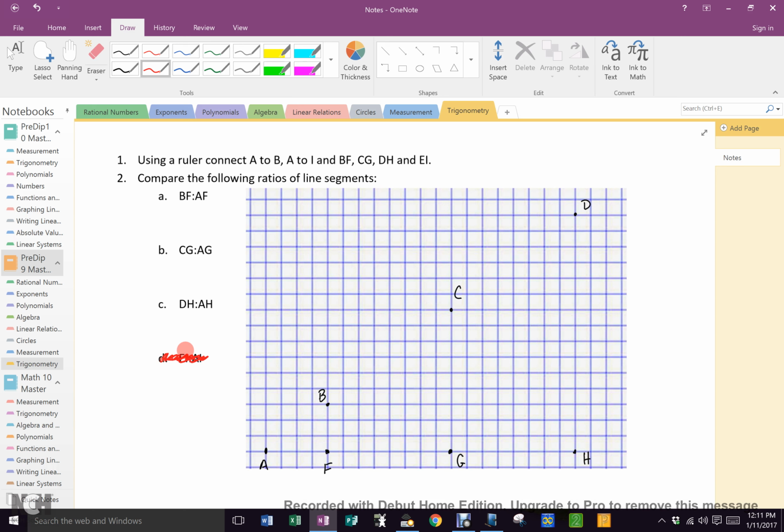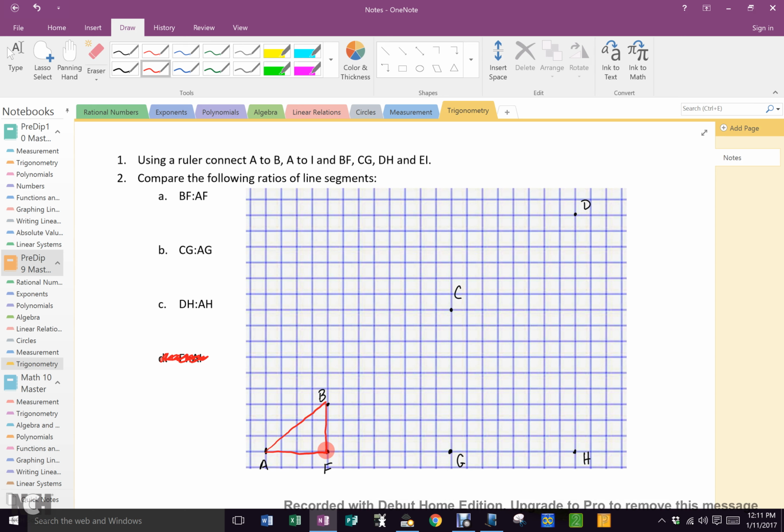Make the triangle AFB. You can make it with any color you want. If you have different colors, it doesn't matter. AFB. Everybody cool? Easy peasy, yeah?